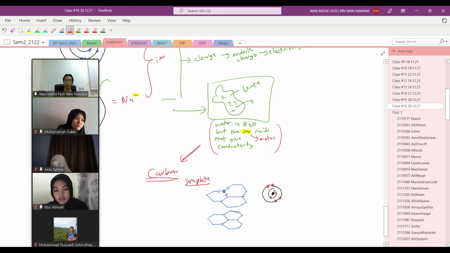So this carbon, with its 4 electrons, is connected to 3 other carbons, so it will be like this. Let me use a different color. This will share 1, 2, 3, 4. 1, 2, 3, 4.